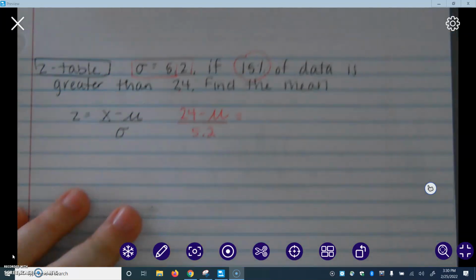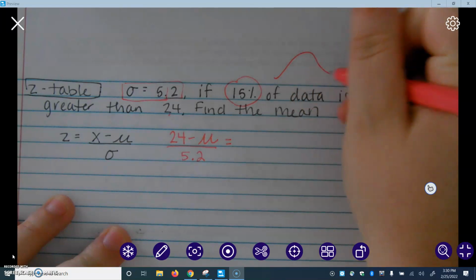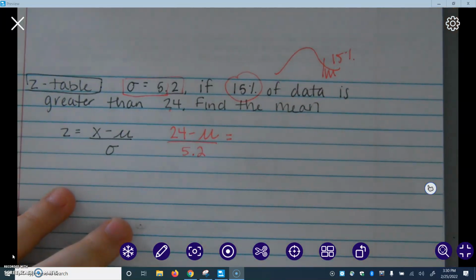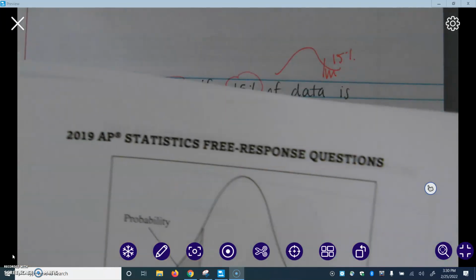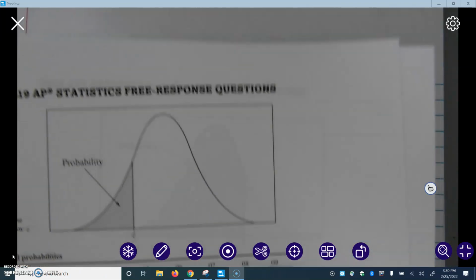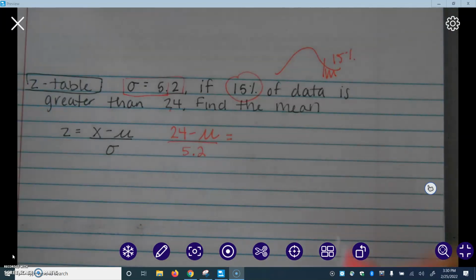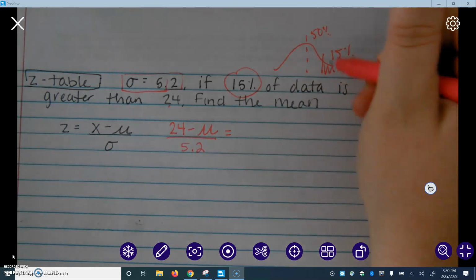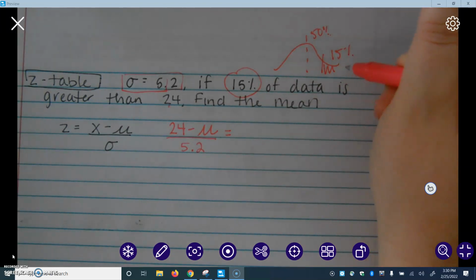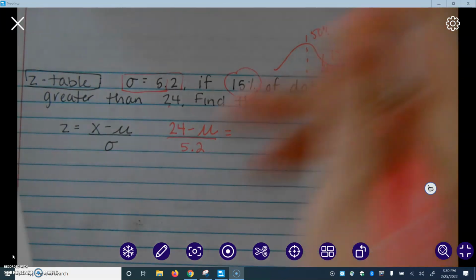So 15% of the data is greater than 24. You kind of have to know, like, this is 50%. So 15% is greater than, it's a very small percent, so my tail is to the right.